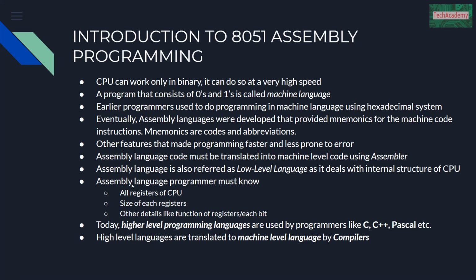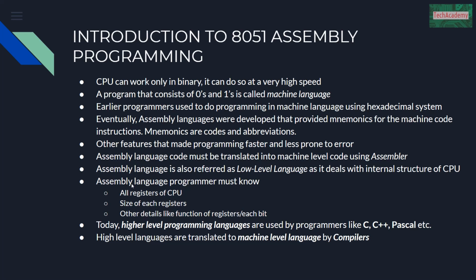Then what should an assembly language programmer know? The programmer should know how the CPU holds the different registers, means the architecture of 8051, and what all registers the CPU is having, what is the size of each and every register, whether a register is 8-bit or 16-bit. Then other details like what is the function of that particular register, or what is the function of any particular bit in that register.